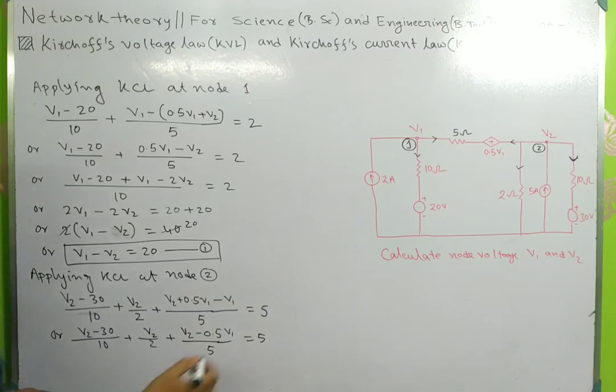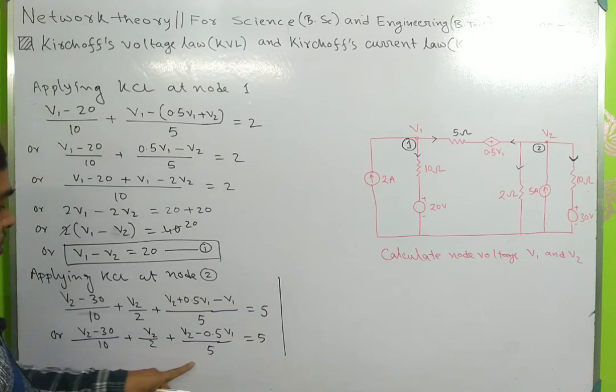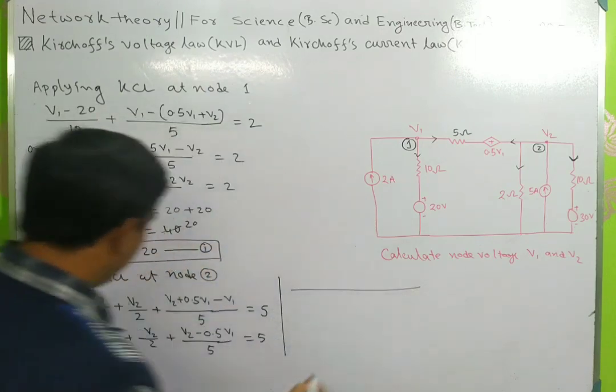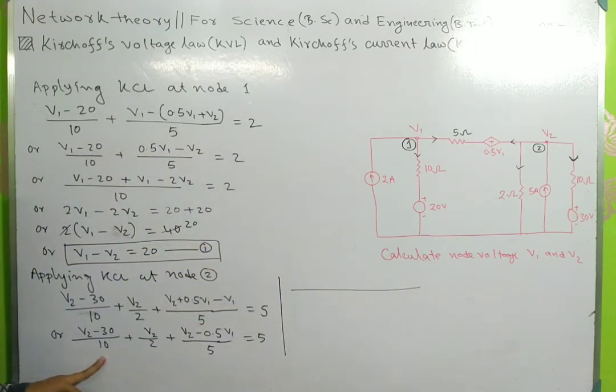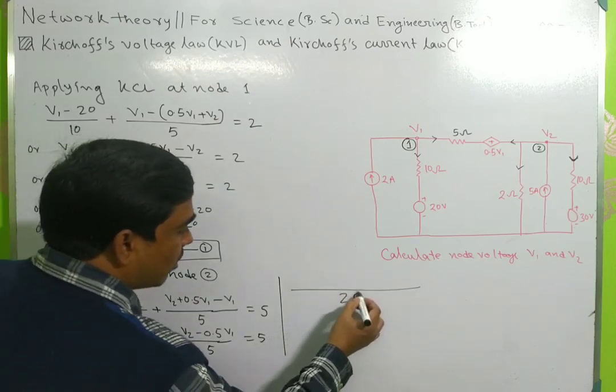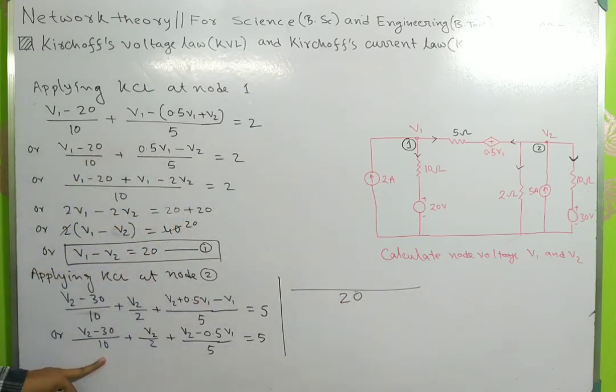So if I simplify this equation, with 5, 2 and 10 the common denominator will be 20.